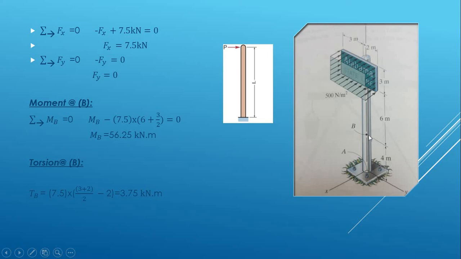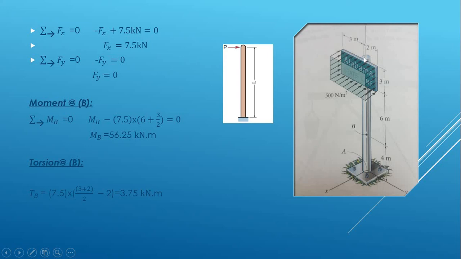Let's go for the last one, the torsion at point P. As we see here, the signpost is not fixed at the center. Here is 3 meters, and here is 2 meters. This different distance will generate torsion at this point.